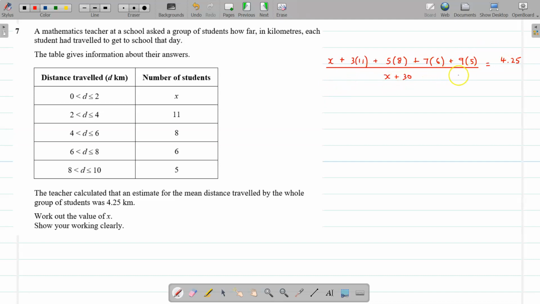So if I just work on this equation now and multiply both sides by x plus 30, tidy all this up, on the top line when I add all of that stuff together, that all comes to 160, so I get x plus 160.